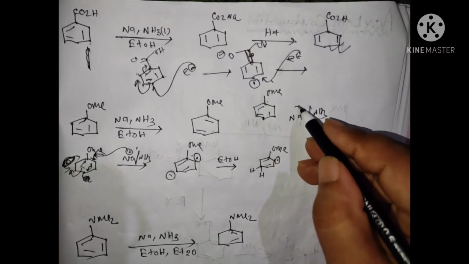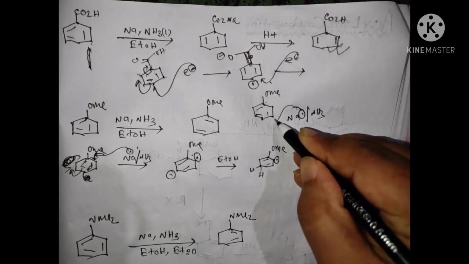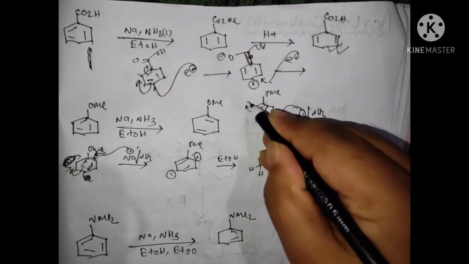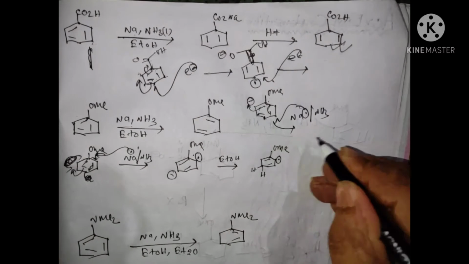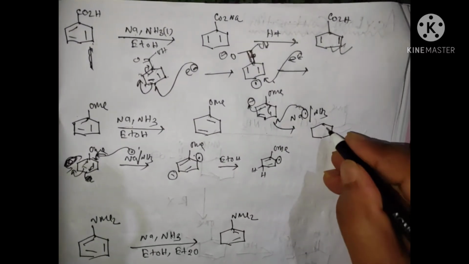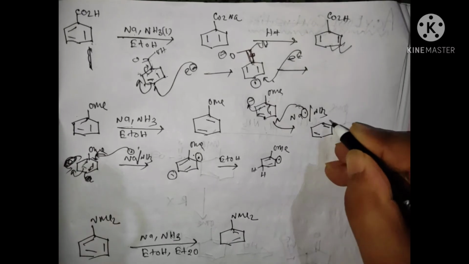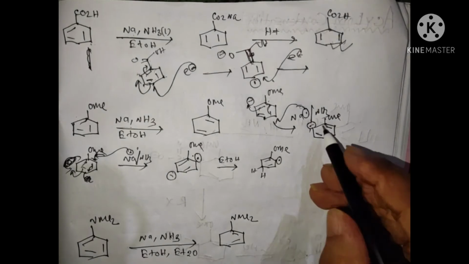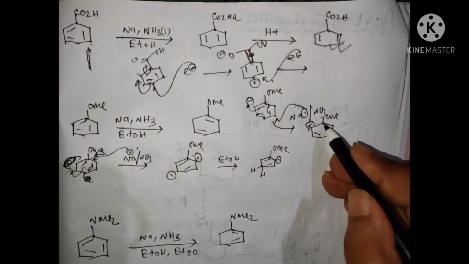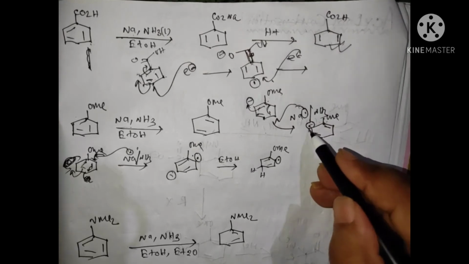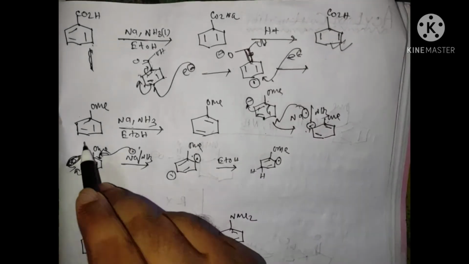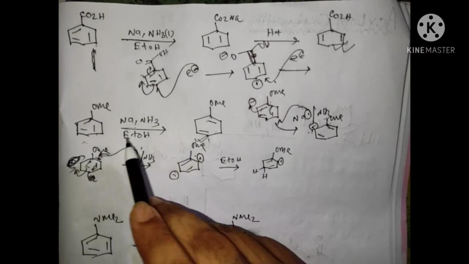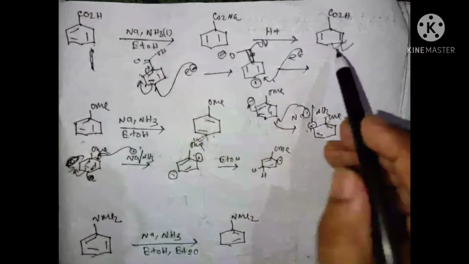So it attacks this carbon, this moves here and this moves here, and we get this anion. This is comparatively stable because here no electron donating group is present. So we get this product when we use OMe. In the OMe case we get this product, in the CO2H case we get this product.